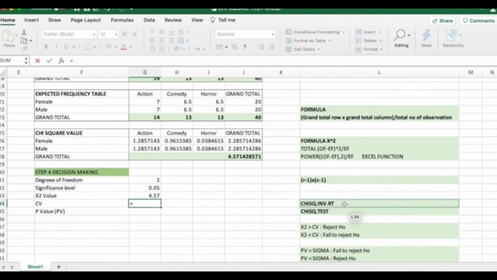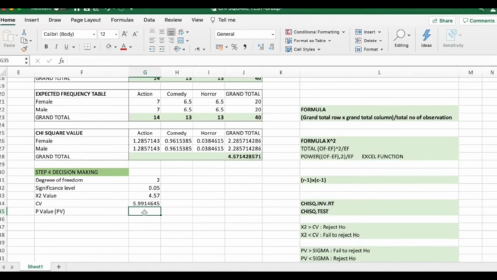This is the formula to calculate critical value, which is CHISQ.INV.RT, bracket, the probability, which is 0.05, comma, the degree of freedom, which is 2. Then we'll get the answer for the critical value, which is 5.99.